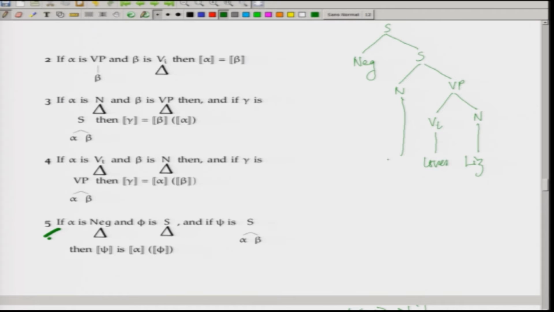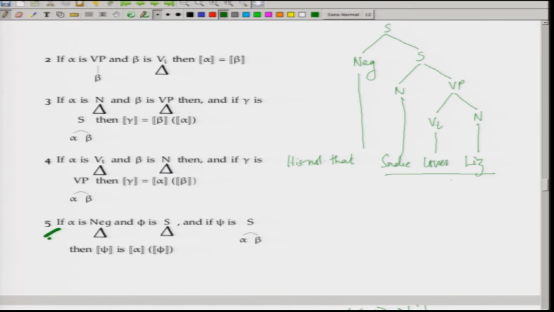This N goes to Sadie and this neg goes to, it is not the case that, we are just abbreviating it. So, our sentence now is, it is not the case that Sadie loves Liz.